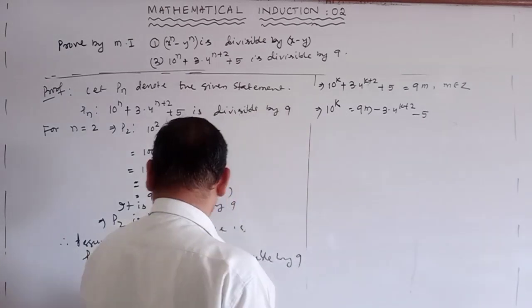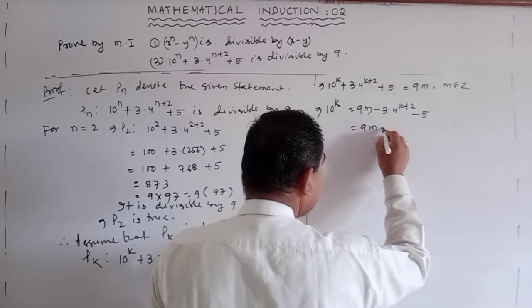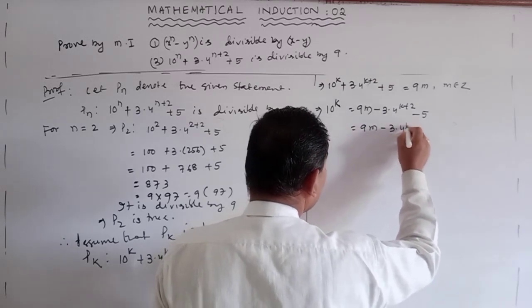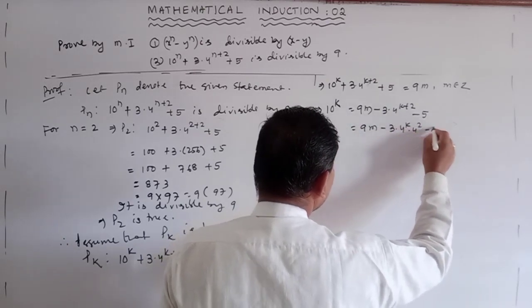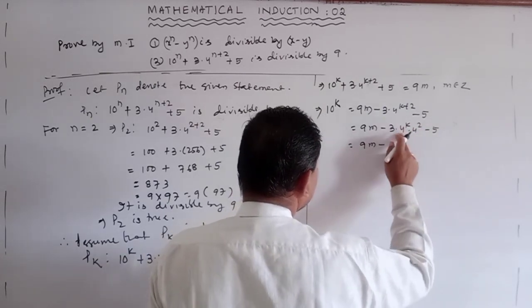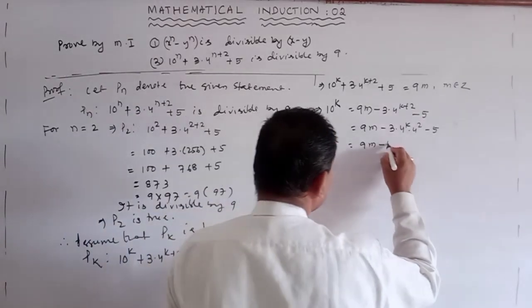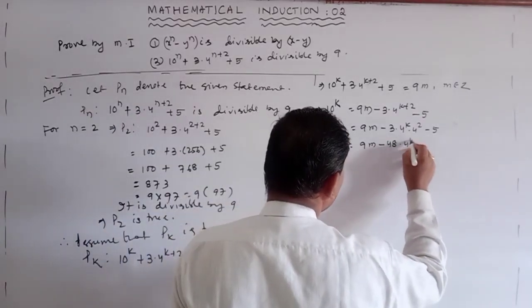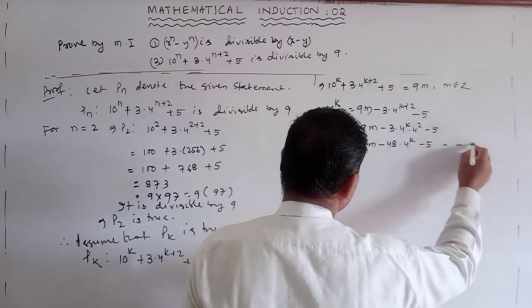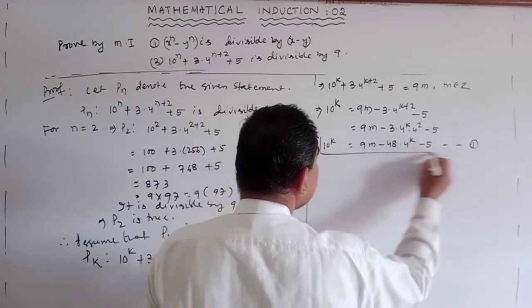So it is equal to 9m minus 3 into 4 to power k into 4 square minus 5. 4 square is 16, 16 into 3 is 48. So 48 into 4 to power k minus 5. This is equation 1. This is the 10 to power k.